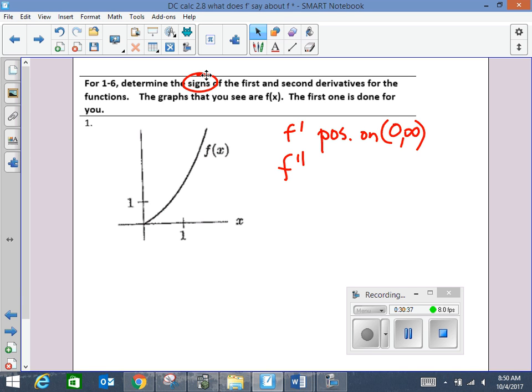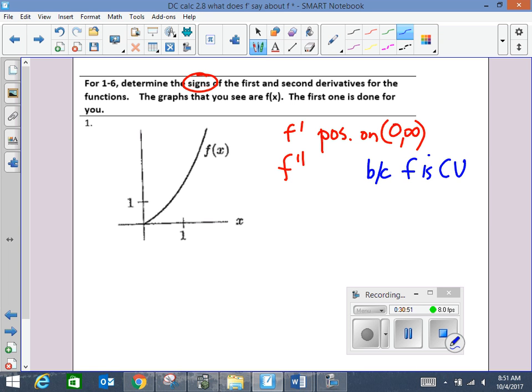F prime tells us what? Concavity. Is that concave up or concave down? So that would make F concave up. So F double prime is, okay.